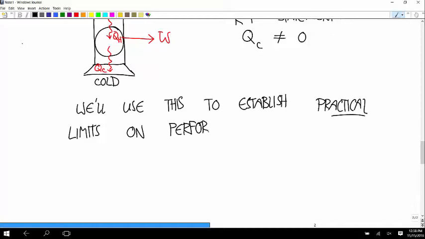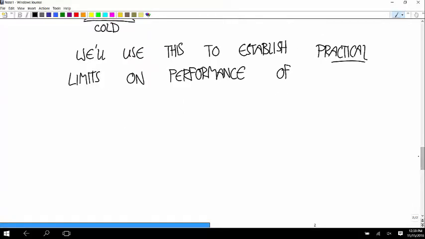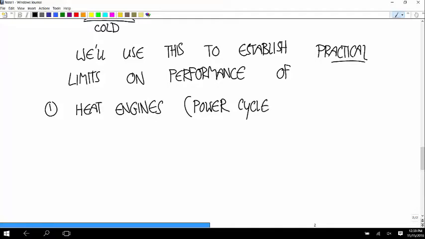These three cycles are heat engines, and I just drew that diagram. That's the same thing as a power cycle. So the diagram is above.